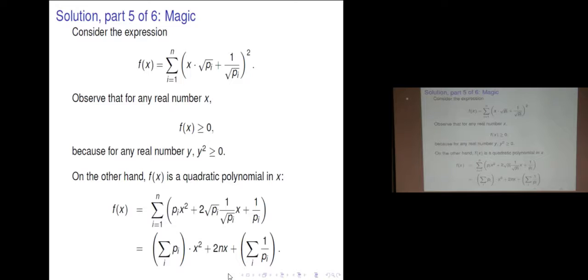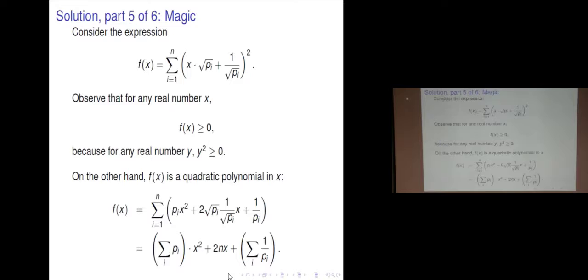So f of x is the sum of pi times x squared, plus 2nx. So why here do I get 2n? Where does this n come from? When i equals 1, I get 2x. When i equals 2, I also get 2x, right? So this is the sum of n terms. For each term, I get 2x. I have n terms, so I get 2nx.